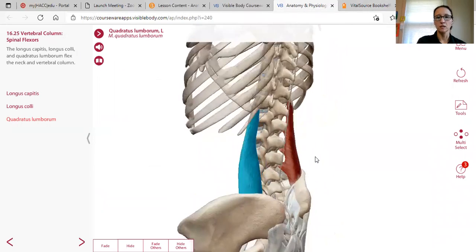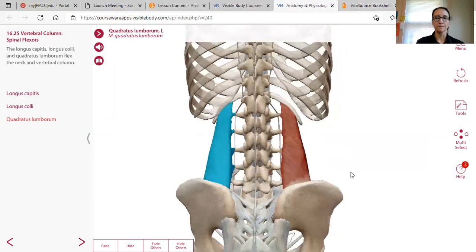So you can see Quadratus Lumborum could either elevate the hip or it could bring the ribs down, bring this whole thing down towards the hip. And that's two different actions, right? It seems like it should be the same action, but it simply is not. If you bring the hip up towards the ribs, it's elevation of the hip.